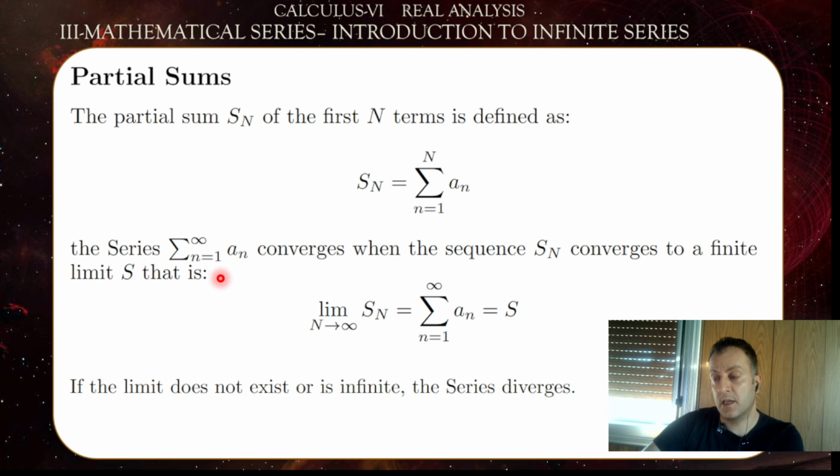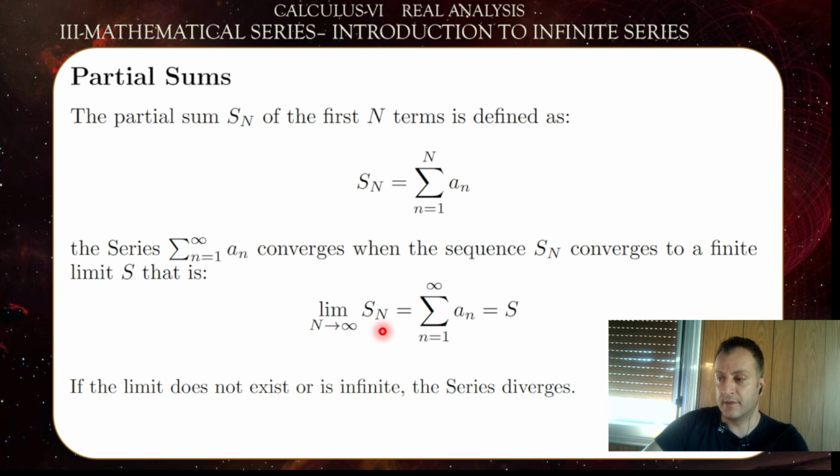The series sigma n equal 1 to infinity of an converges when the sequence Sn converges to a finite limit. That's a very important key point. The partial sum of a specific limited number of terms needs to converge to a finite limit s.